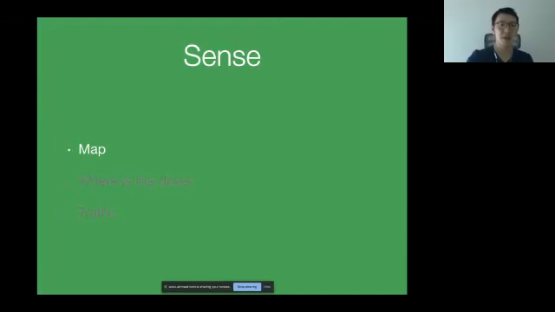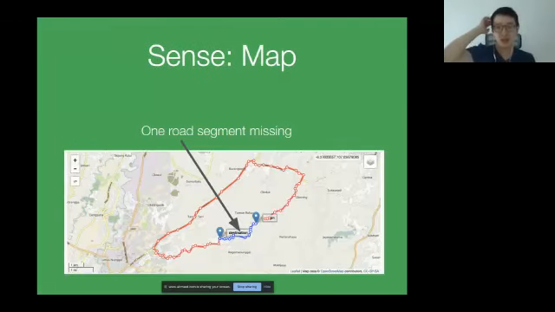Okay, first about the map. I want to use one example to highlight how important accurate map data is, which will impact a lot in our routing and ETA problem. If you look at this map, you can see the arrow here.